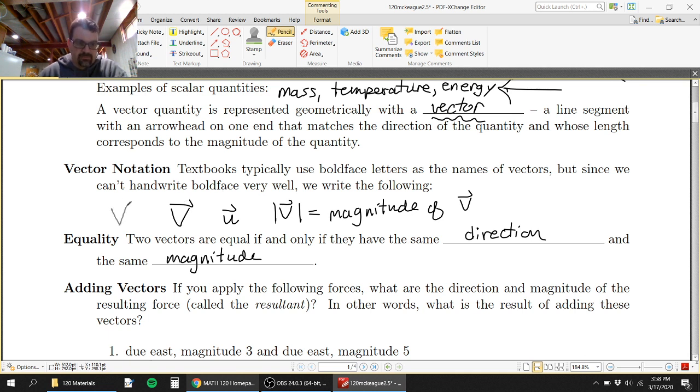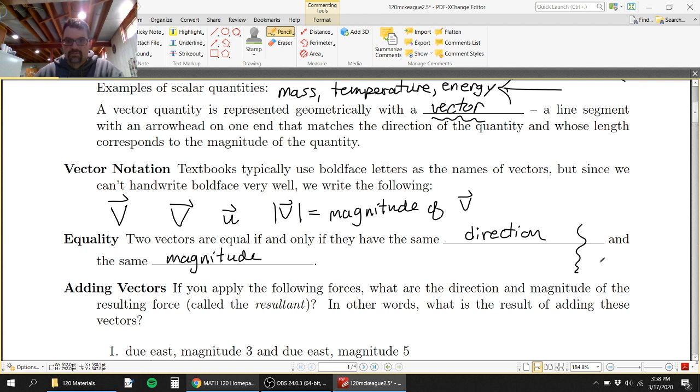You name your vector with a capital letter, sometimes lowercase, and basically you're putting an arrow on top of it, but we just put a little half arrow because it gets tedious to draw a whole arrowhead. And if you put these little things that look like an absolute value around a vector, we are only talking about the magnitude: how long that vector is, how big the force is, how fast the velocity is, and ignoring the direction.